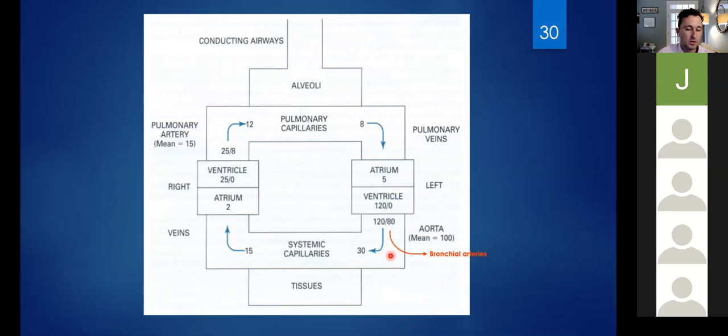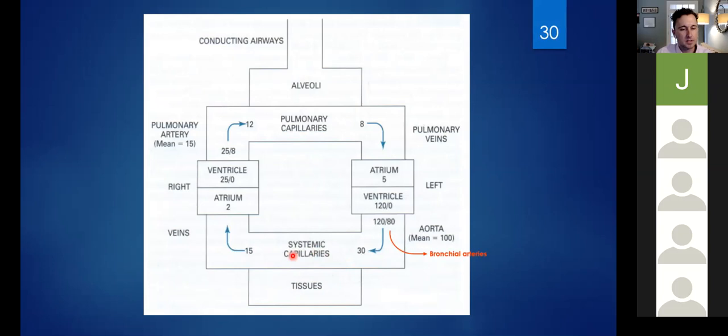As the blood flows down through all the tissues, by the time you get to the capillary level, you're at a relatively low pressure of about 30 or so. And then we have our gas exchange between the capillaries and the tissues. So we're dropping off oxygen, picking up carbon dioxide, and working our way back toward the heart.